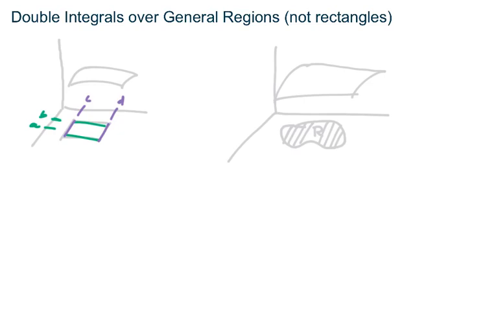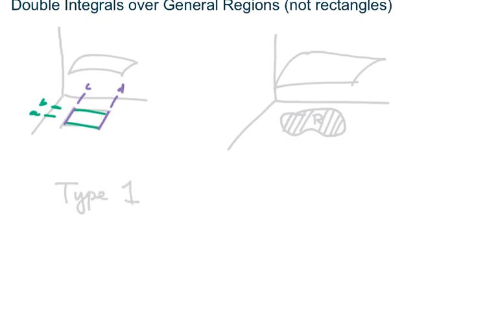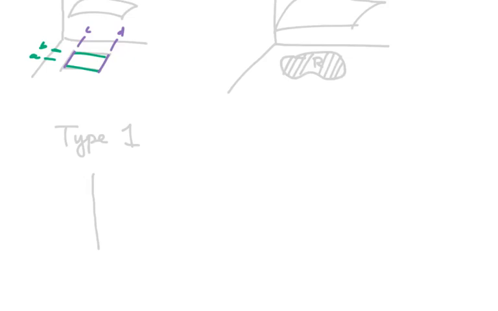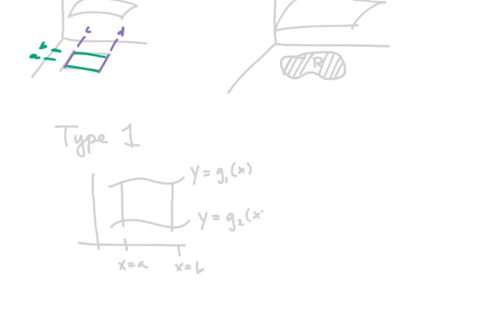So we have two types of regions. We have two situations. Type 1, if we think about our region, we may have x equals a to x equals b, but we could have curves bounding those. So here we have y equals some function g sub 1 of x, and y equals some function g sub 2 of x.